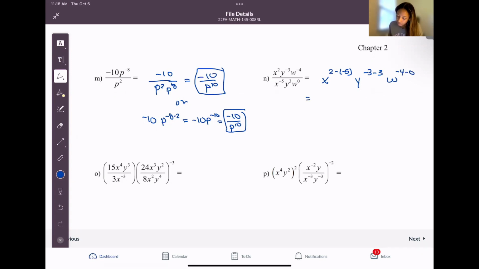So we end up with x to the 7th, y to the negative 6th, w to the negative 4th. For our final answer, since we want only positive exponents, we're going to move the terms with negative exponents down to the denominator. So this would give us x to the 7th over y to the 6th w to the 4th.